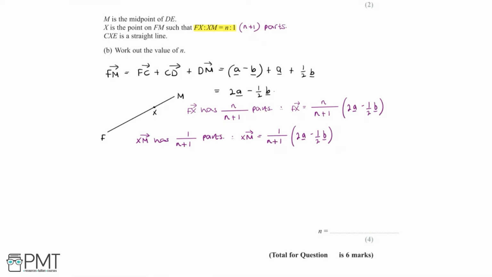Well, now we're also told that CXE is a straight line, and so because CXE is a straight line, we can say that the vector CX is parallel to the vector CE. That might not seem important right now, but we'll need that information later. Now let's take a look at the vector CX.